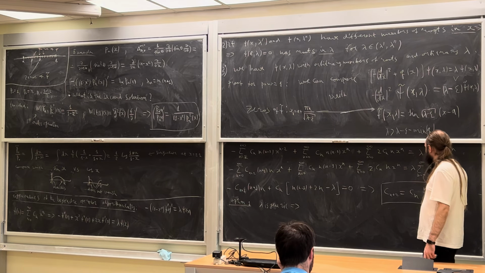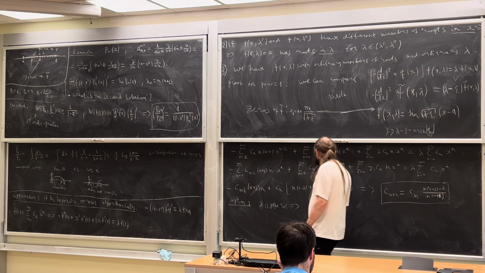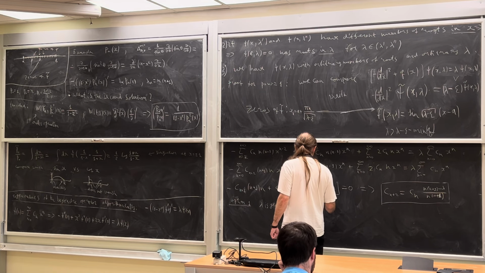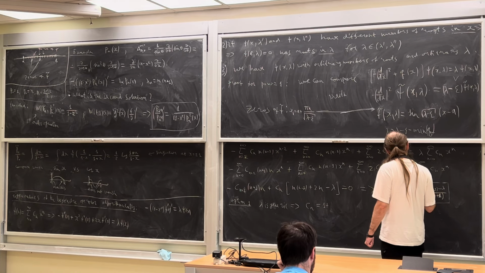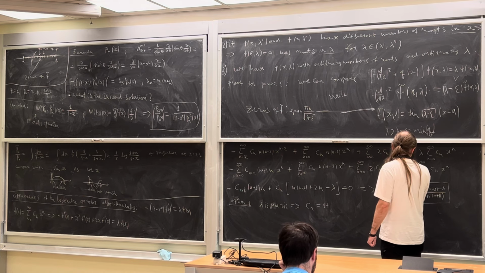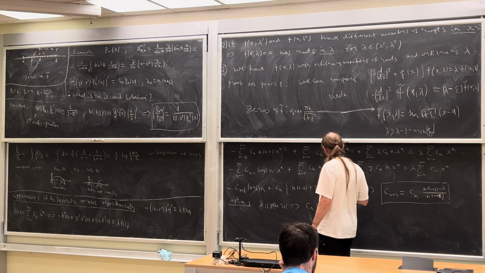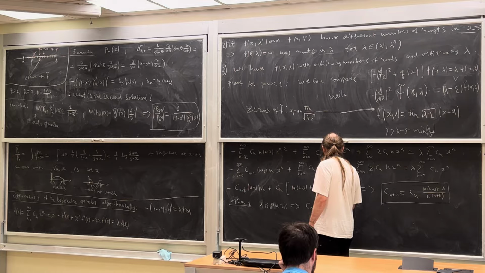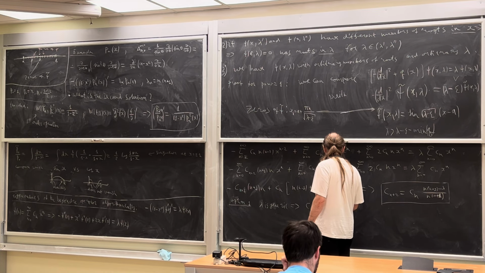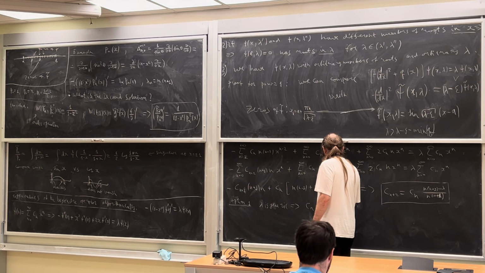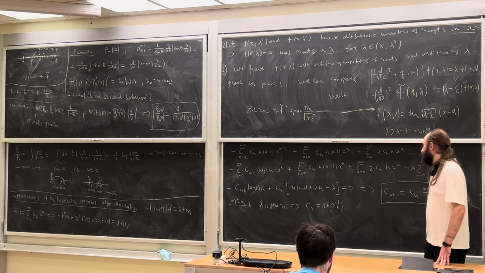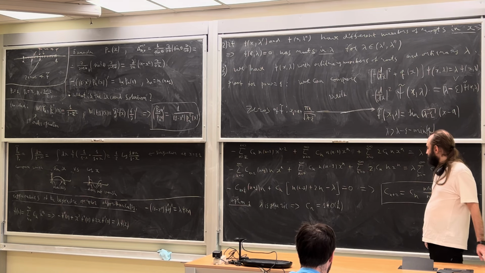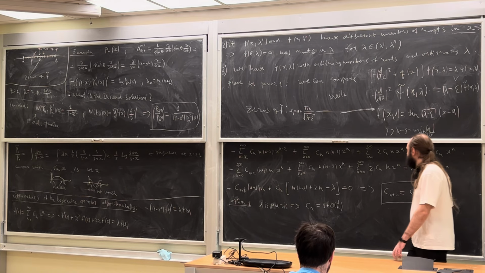We can simply say that C_n is of order 1 plus O of 1 over n, something of this kind. Which means that what is the radius of convergence of such a series? 1. Yes.